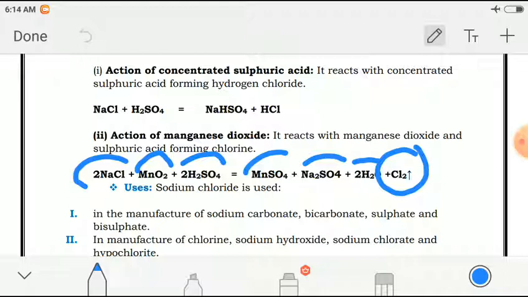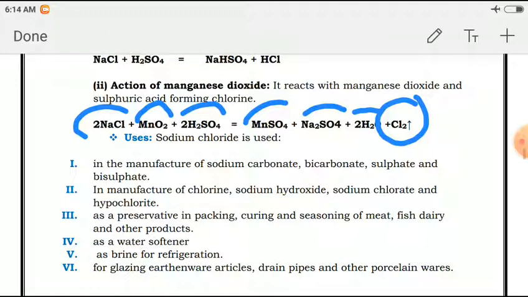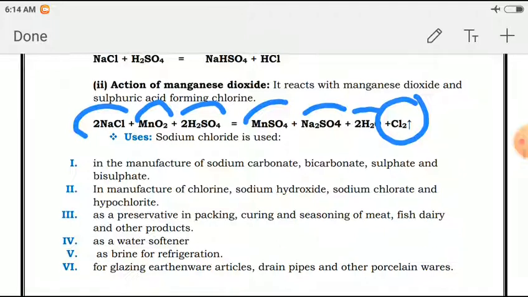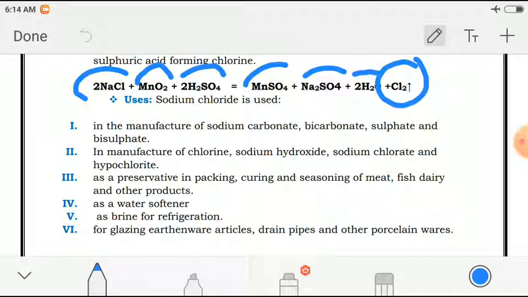See, this is the first use. Now second one will be in the manufacture of chlorine, sodium hydroxide, sodium chlorate and hypochlorite. This is the second use of sodium chloride.